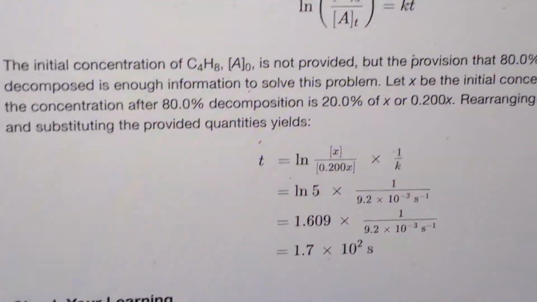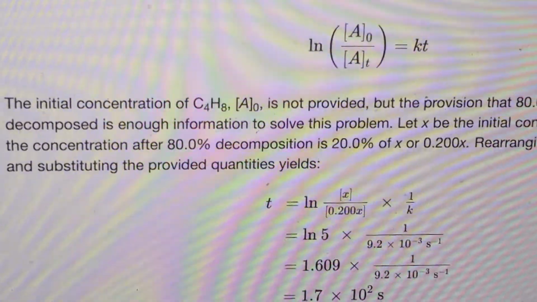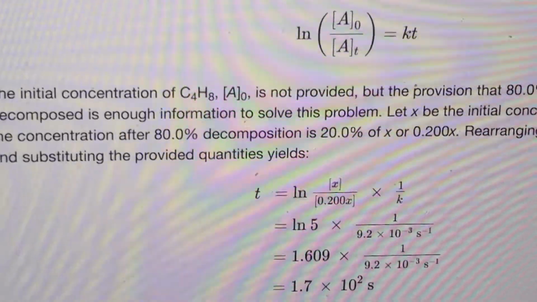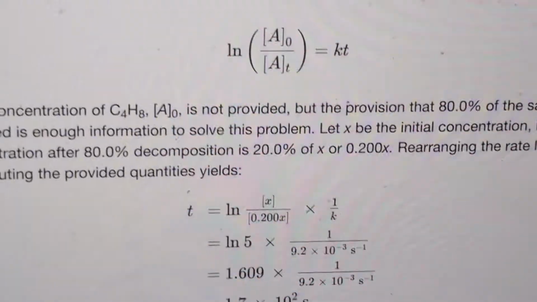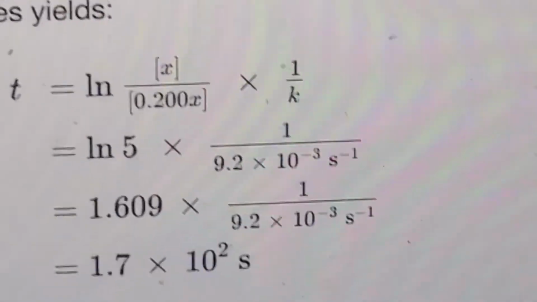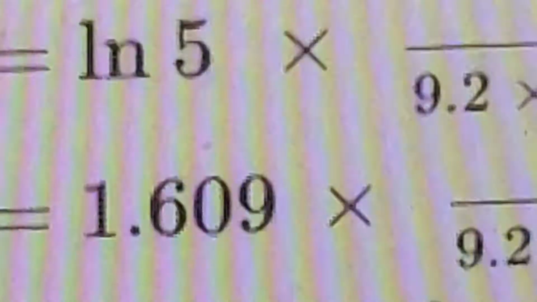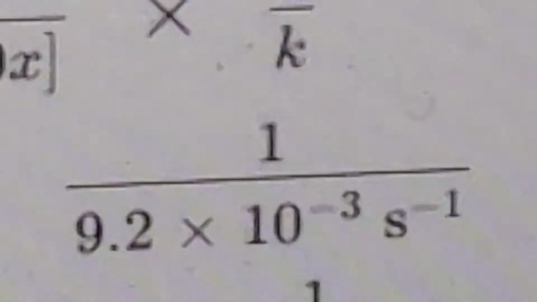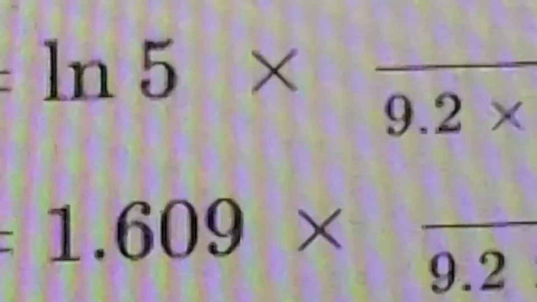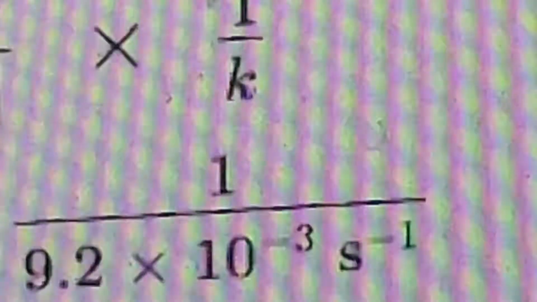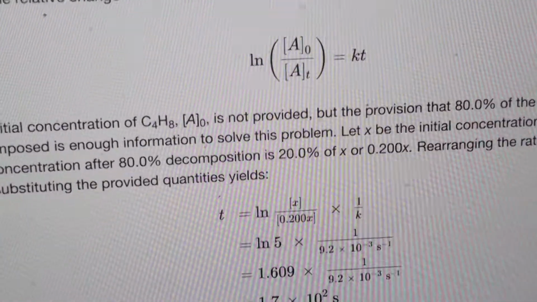So that's right, 1.7 times 10 to the second power seconds. That makes sense. Except, I don't know how the heck they got 1.609. How did they get it? I've tried every possible way of multiplying those two equations together, and guess what, guys? Not a single one of them worked.